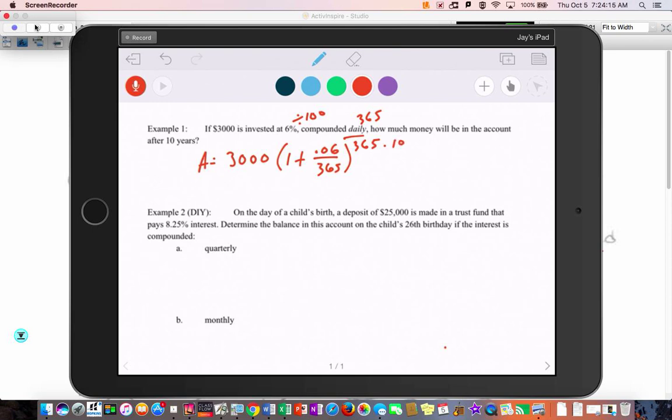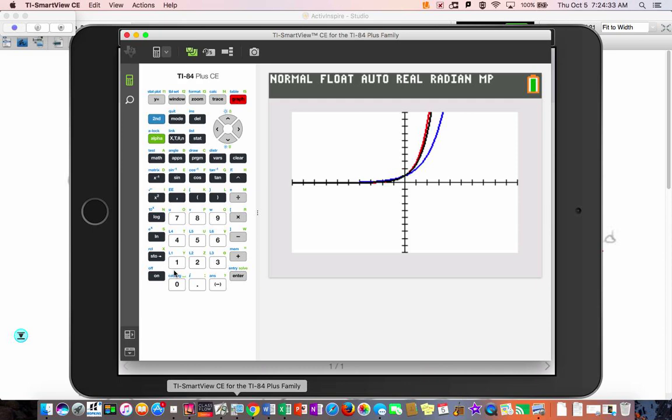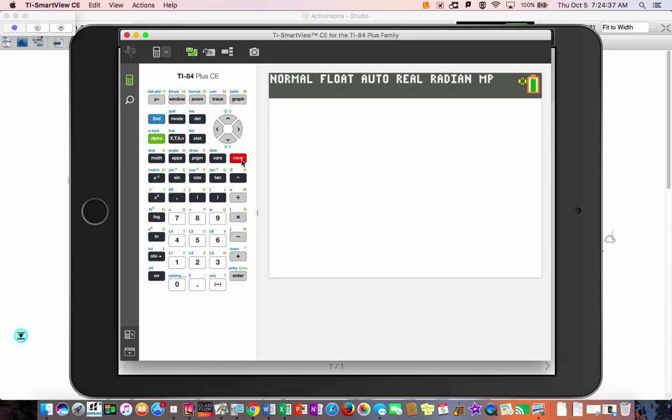Now, when we go to the calculator, if you have a calculator that when you hit the raise to button, it puts the caret there, just get in the habit of putting parentheses times the two numbers there. So when I go to the calculator, clear that out so you're watching.